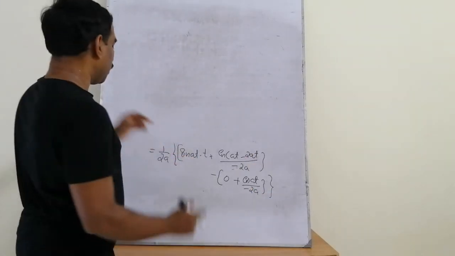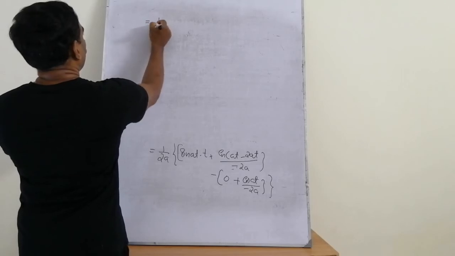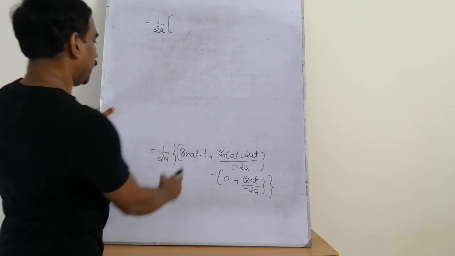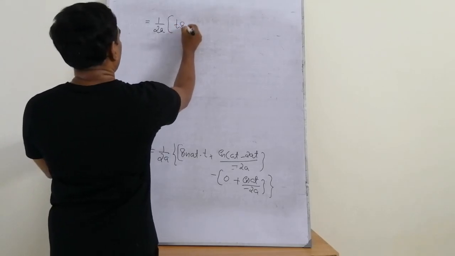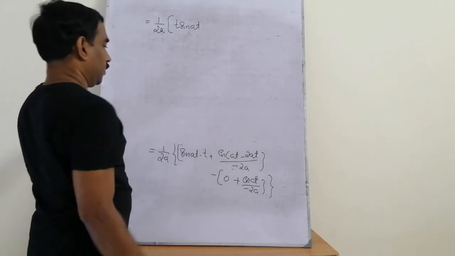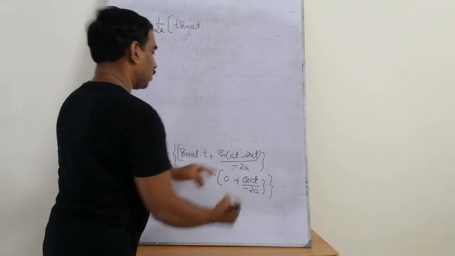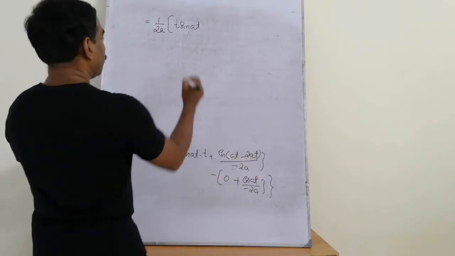Now simplifying this expression, we get this is equal to 1 by 2a into t sin a t plus cos a t minus cos 2a t. This is cos minus a t or cos a t.